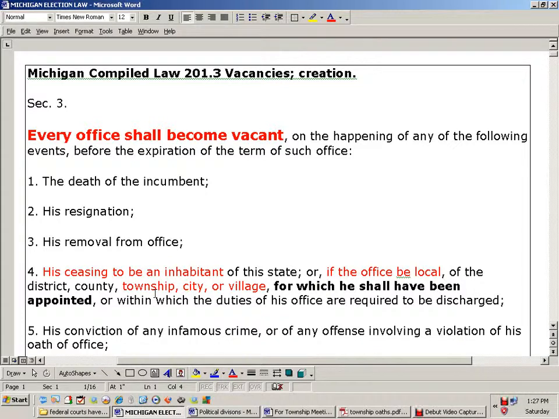So you need to be seen as an inhabitant of the political subdivision that you're going to be part of. If you want to be a township officer, you need to be an inhabitant of the township. And that's something that you choose by choosing your domicile.